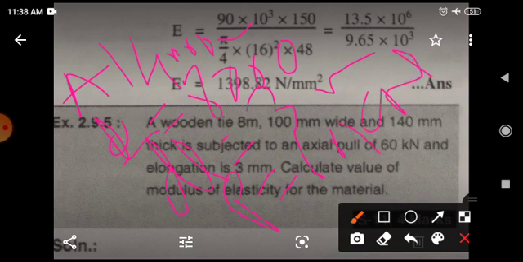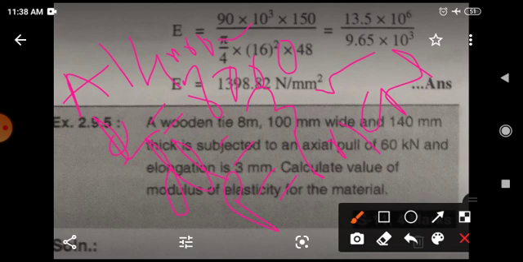First, guys, always do one thing: don't make any mistake while doing conversions. What is the required unit of the answer? Depending on that unit, you have to convert all these units. Don't just put all the values as given. Convert them into the required units.